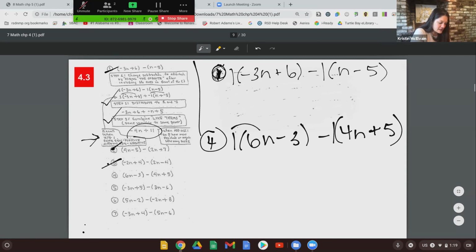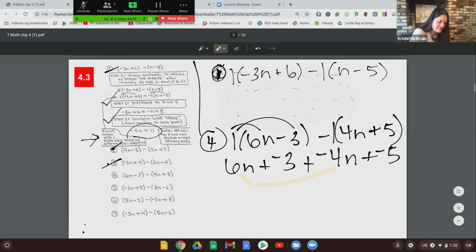That gives me 6n and negative 3. A negative times a positive gives me a negative 4n. Negative times a positive gives me negative 5. Combine like terms. Here's with my n.